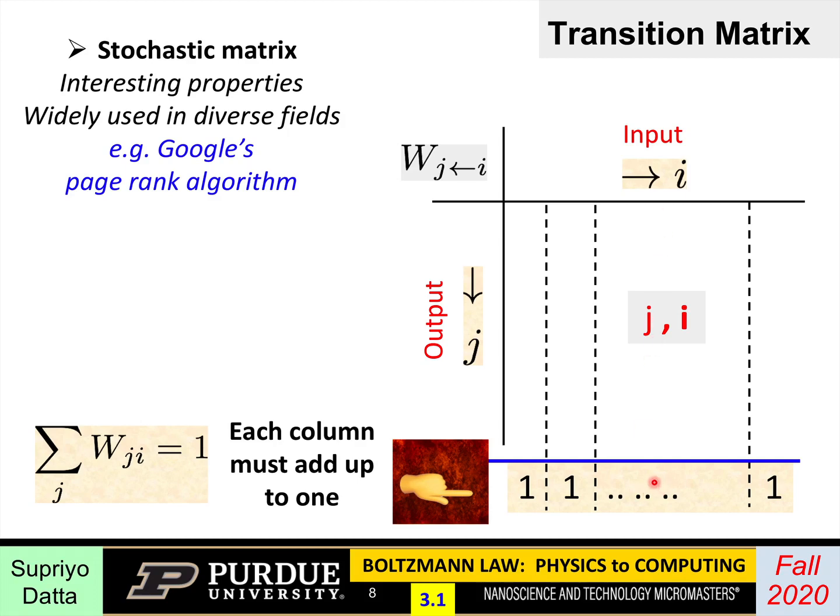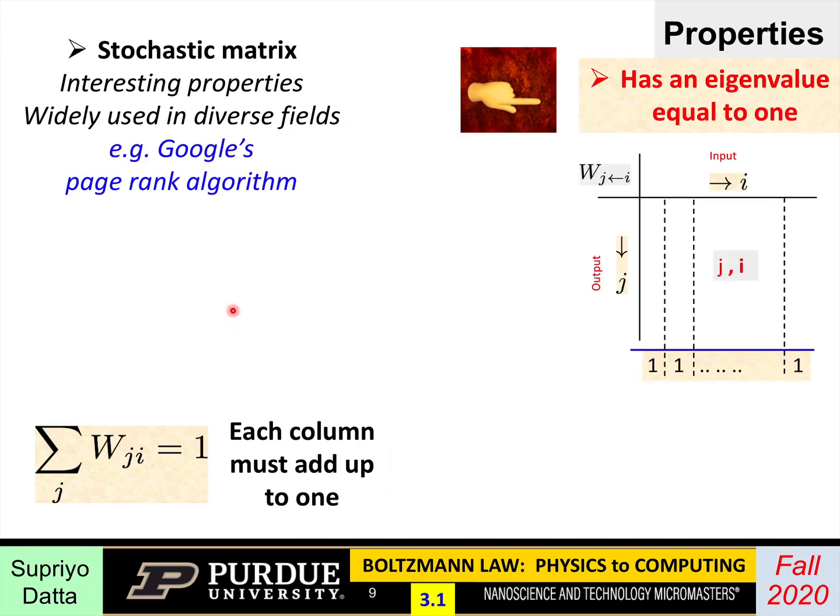As I mentioned, this matrix appears in many diverse fields, the same matrix, but here, of course, we are describing a particular problem using this W matrix. Now, one important property that makes it so useful is that it has an eigenvalue equal to 1.